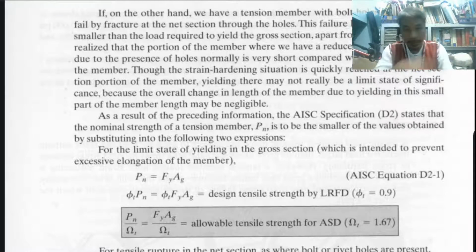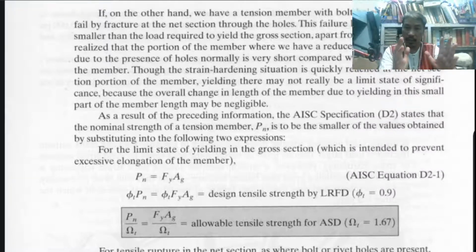Okay, and strain hardening is quickly reached at the net section portion of the member. Yielding there may not really be a limit state of significance, because the overall change in length of the member due to yielding in this small part of the member may be negligible.